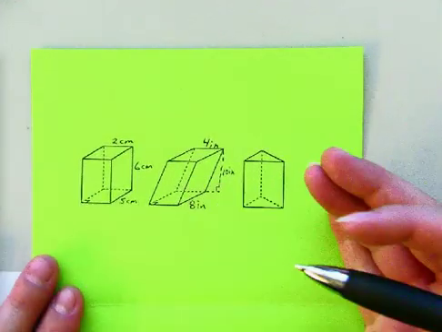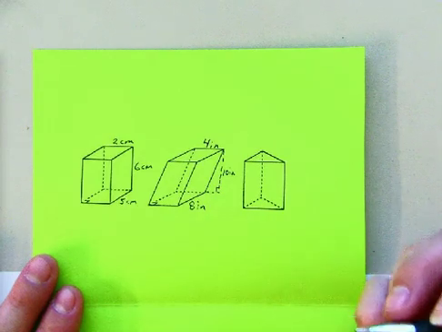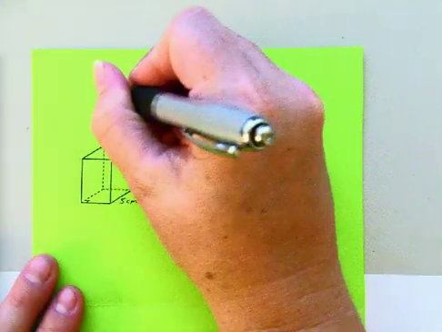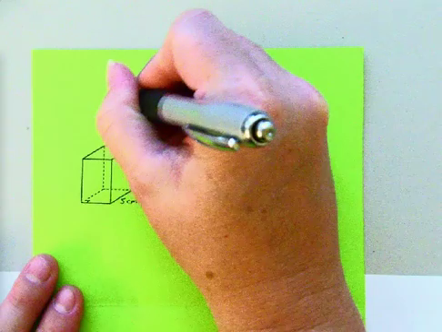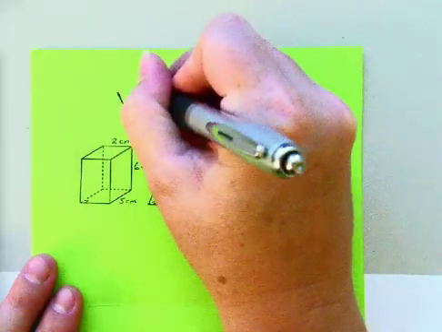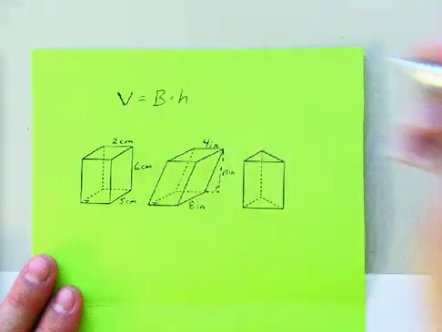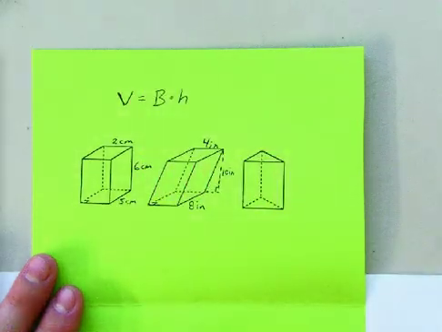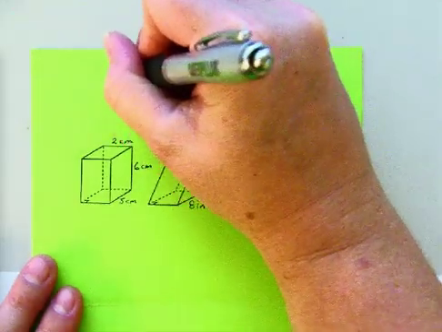All right, so looking at our solids, we are going to start with our volume formula. So up above our pictures, we're going to put capital V equals capital B times H. Okay, so now when we're working with this, our capital V is volume.